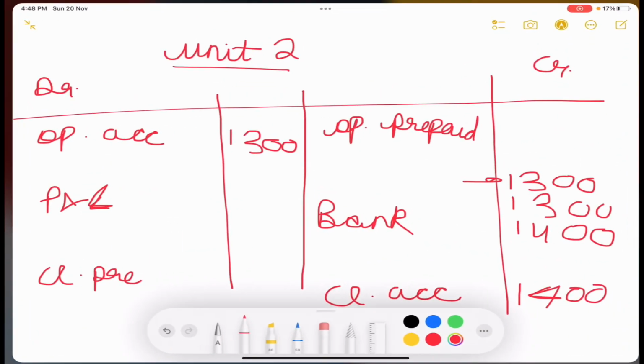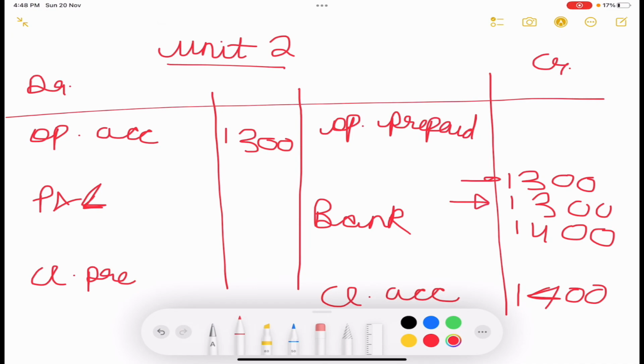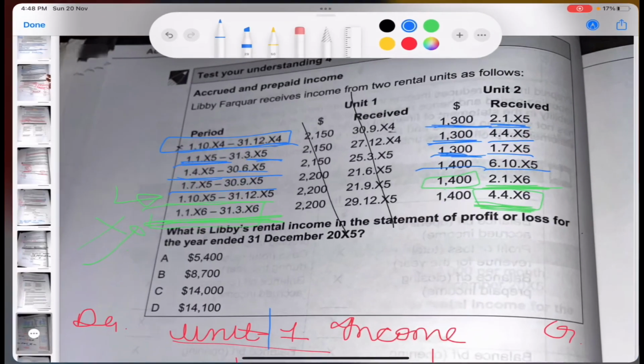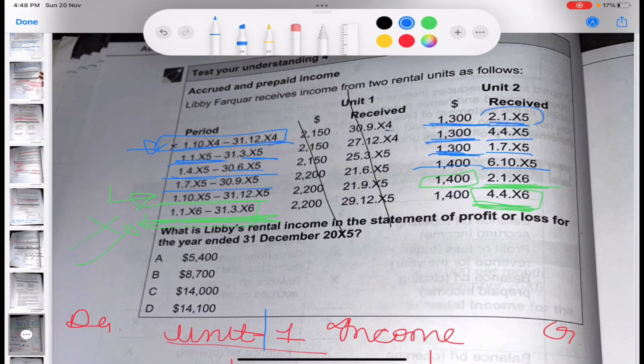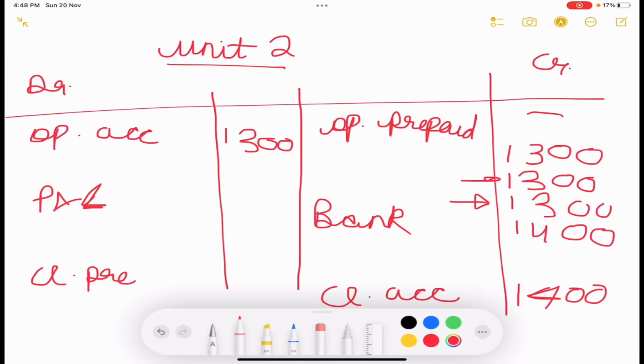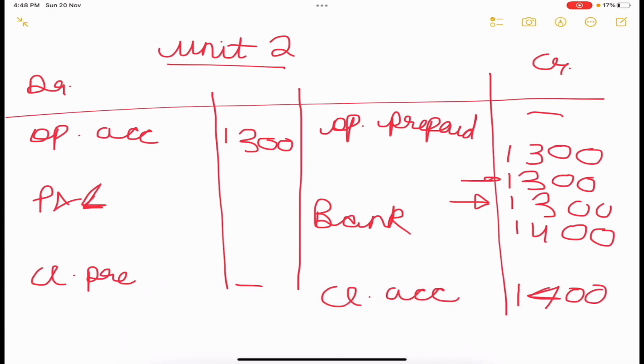So that also we have right. Belonging to 2015, 1,300, another 1,300. So we missed writing one 1,300. I hope you got what I'm trying to say. We received this 1,300 this year, this also this year, this also this year. That's it. We have no prepaid given in the question, so nothing else is given in the question.